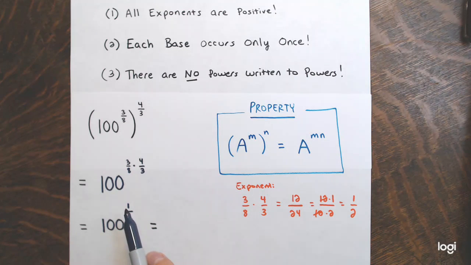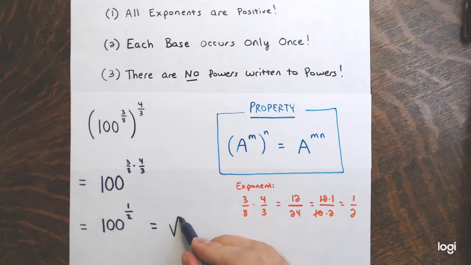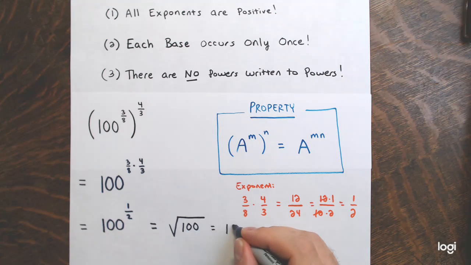There's no need to raise to the first power, it doesn't do anything. But this is the square root of 100, the non-negative square root of 100. So I know -10 squared is 100, -10 times -10, but again, when you see the radical symbol, when you see the half power, you're being asked for the non-negative square root. So this is +10.